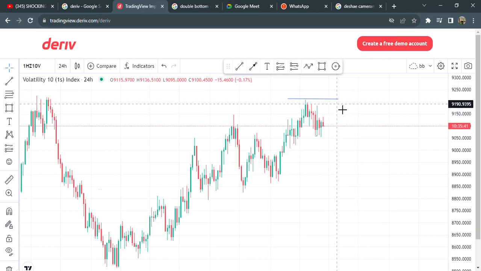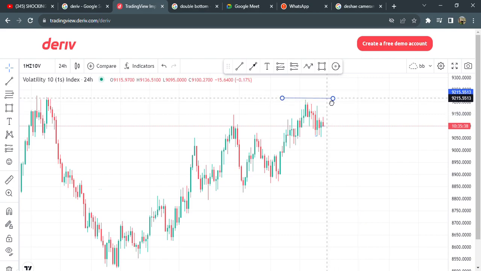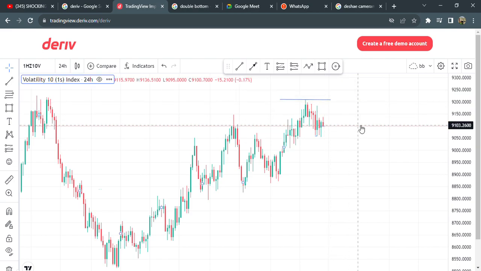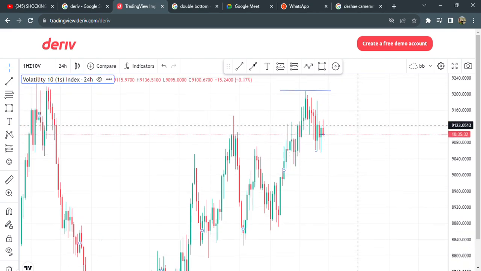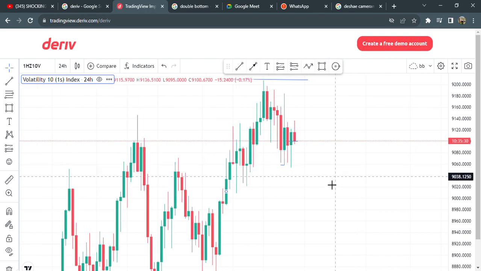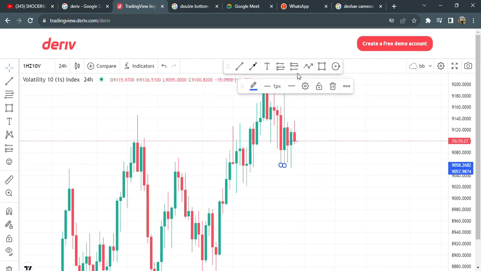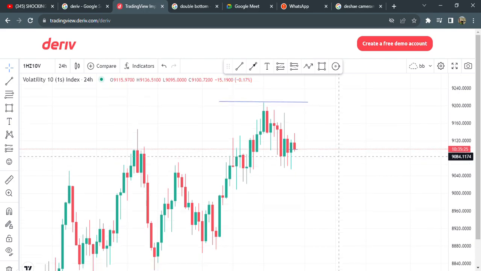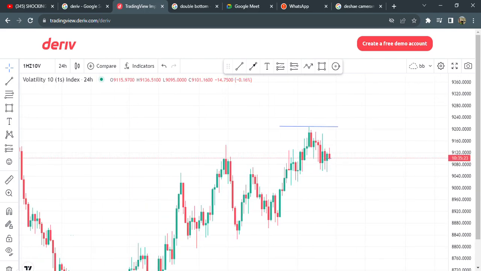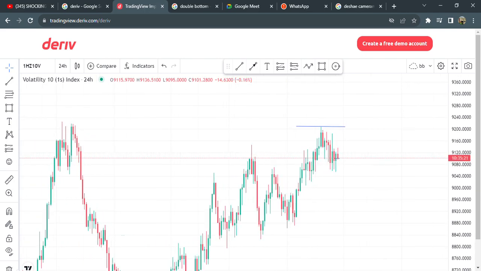For us to continue in an uptrend, it has to break our swing high, basically. So that's our swing high.